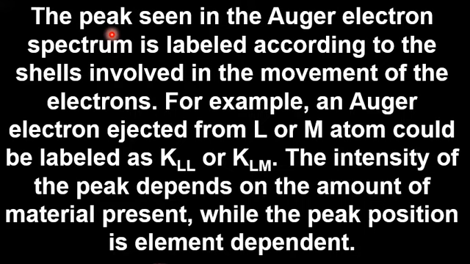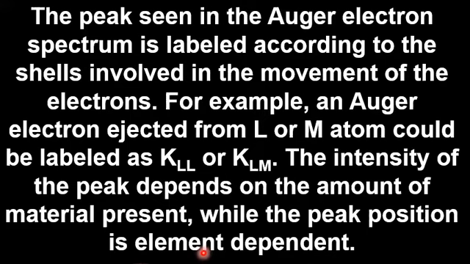The emitted peak of Auger electrons has intensity and position. The intensity demonstrates the amount of material present, while the position of the peak in the Auger electron spectrum determines the type of element present in the material.